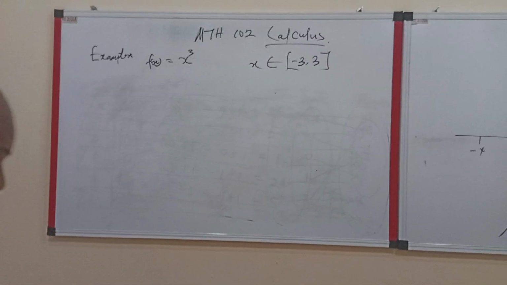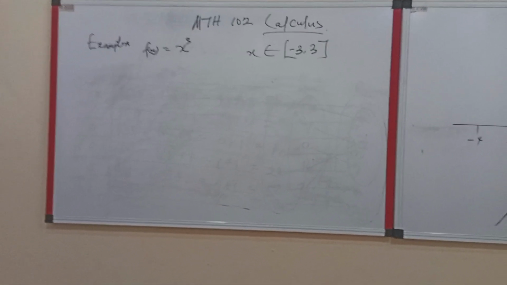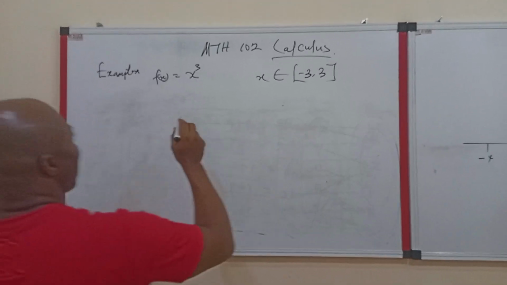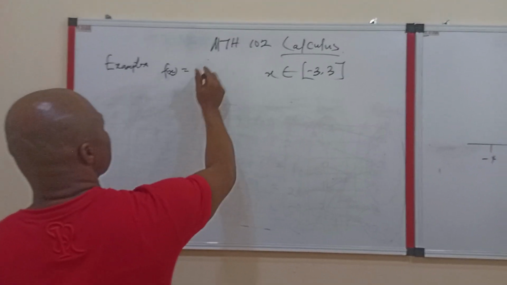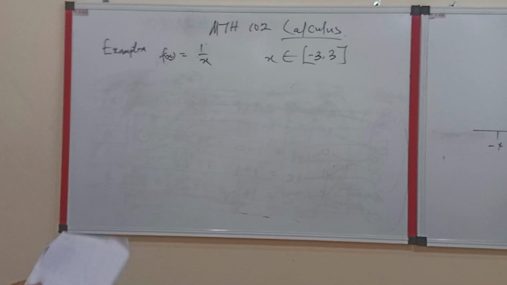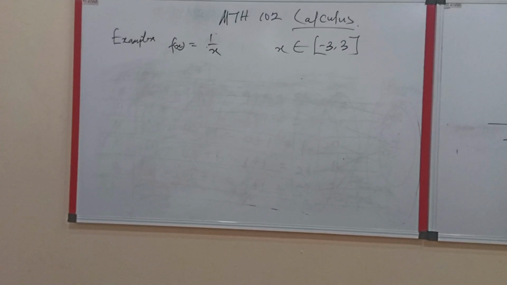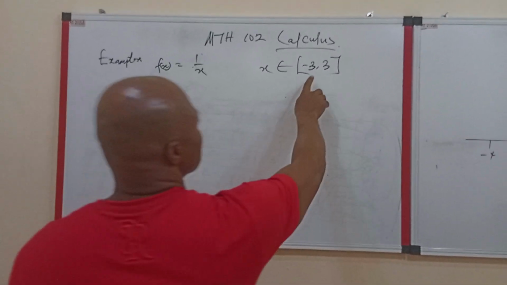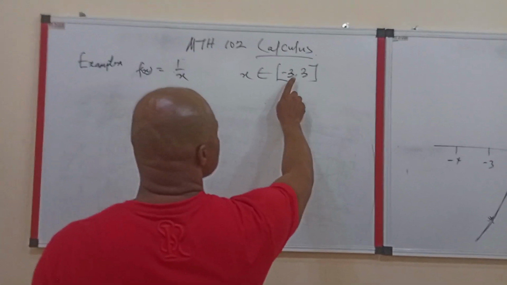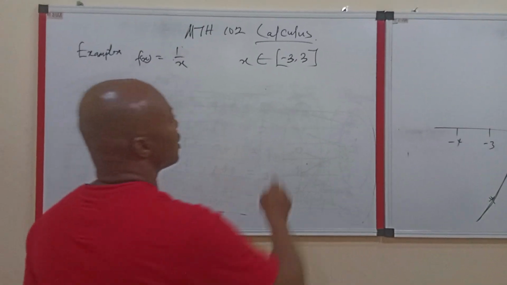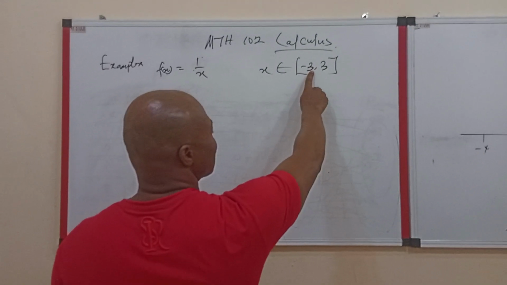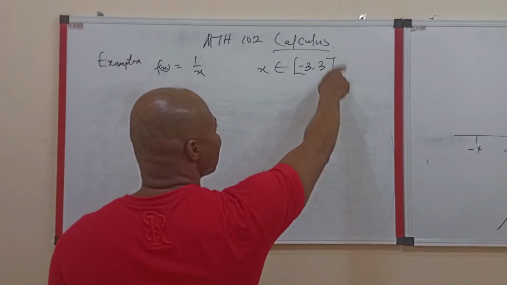Now for this one, see what we want to do. Let me put 1 all over x. If you remember, the other time I gave you this kind of domain, but we cannot take this kind of domain because this domain means x will take -3, -2, -1 and 0.